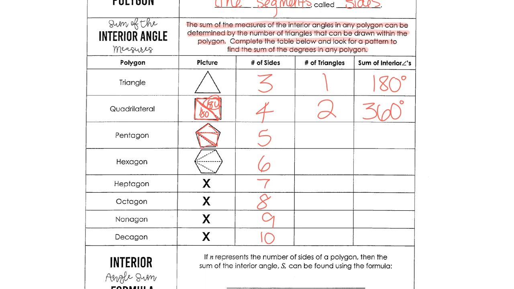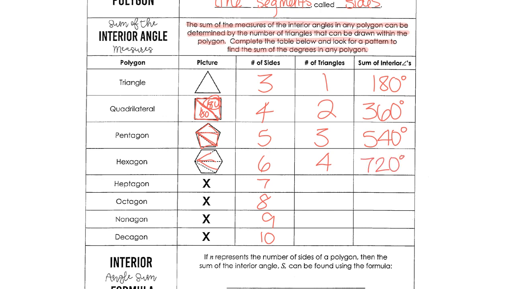And so we can take 180 because each of those triangles is 180 and multiply it by 3, and we get 540 degrees. The same thing with a hexagon. We now have 4 triangles. So 180 times 4 gives us 720 degrees.